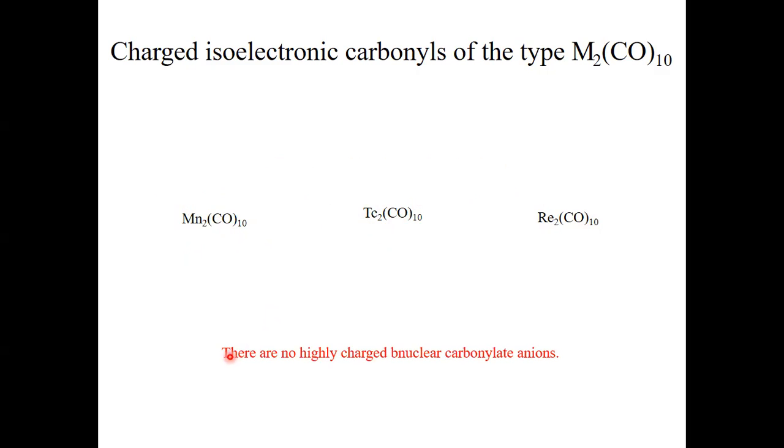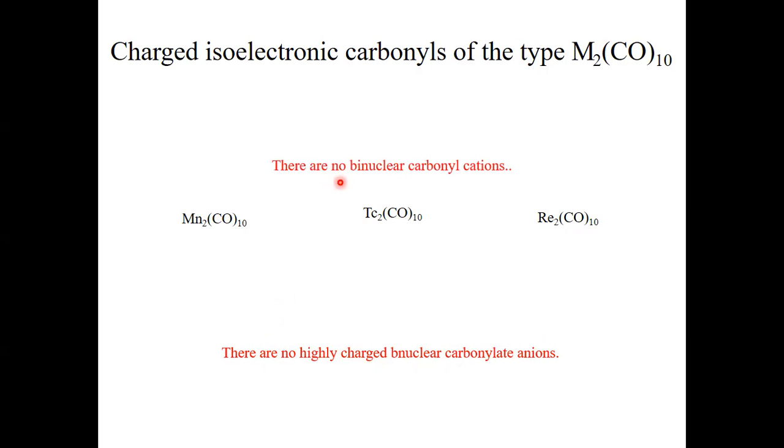So generally, there are no highly charged binuclear carbonyl anions in this case. So we can make weakly charged ones, but not highly charged ones. And the reason is that the negative charge stabilizes the metal-carbon bond, but too much of a negative charge starts to destabilize the metal-metal bond, because formally we accumulate negative charges on the metal. Therefore, we can only have weakly charged carbonylates, but not strongly charged carbonylates.